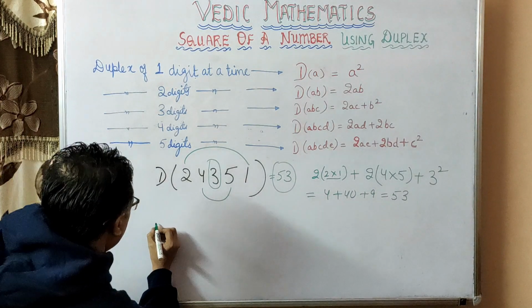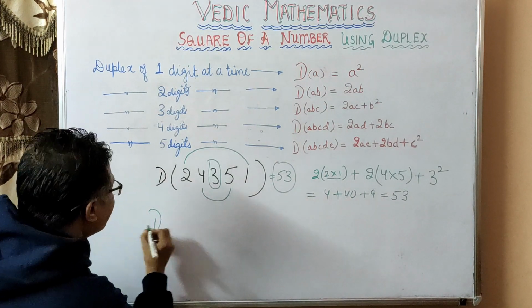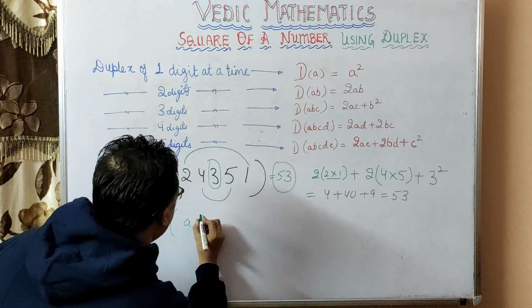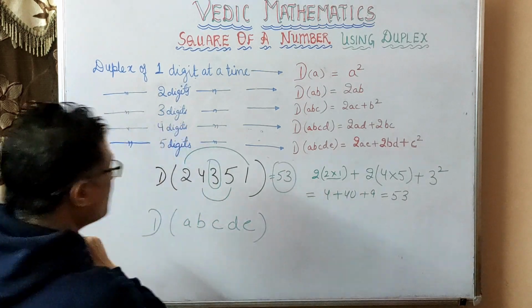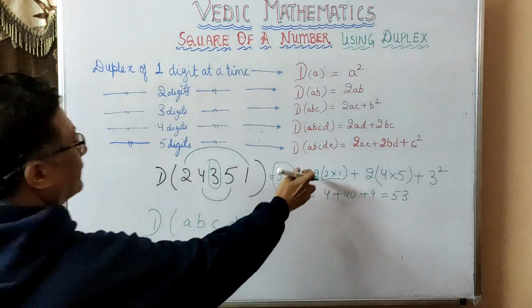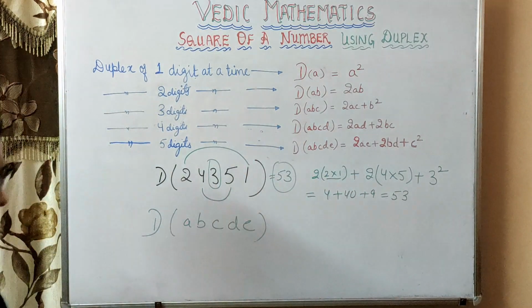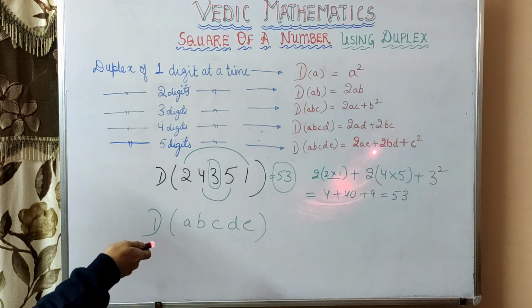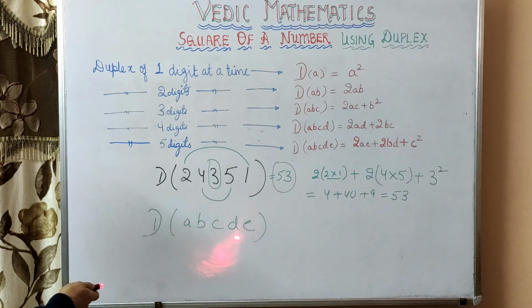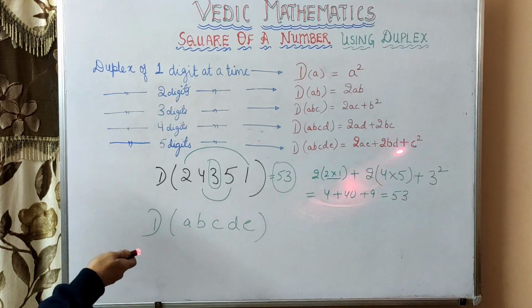Now for simplification again, let us write A, B, C, D, E. Suppose this is the duplex of A, B, C, D, E. We have already written the duplex of A, B, C, D, E over there, and we have expanded the form over here. Now I will show you how this is coming.